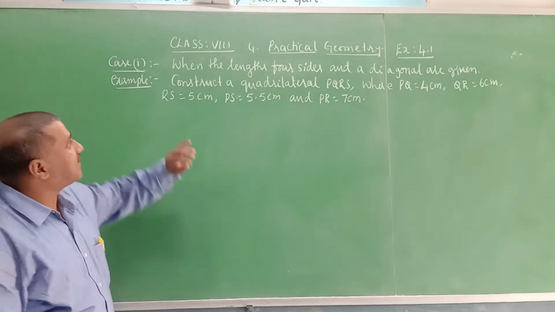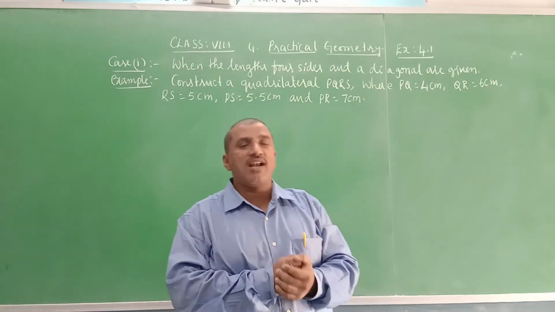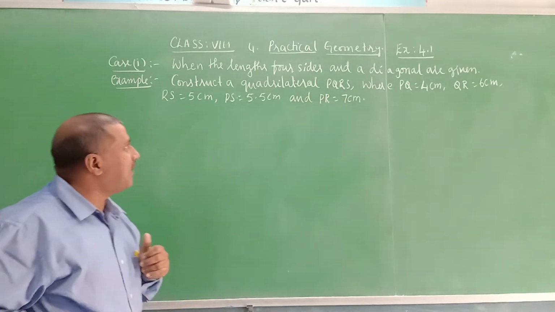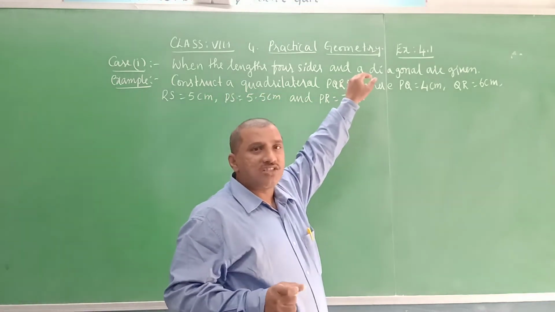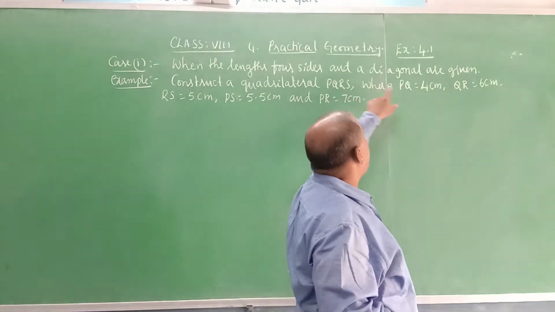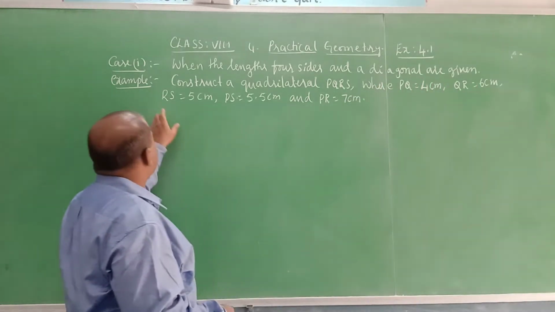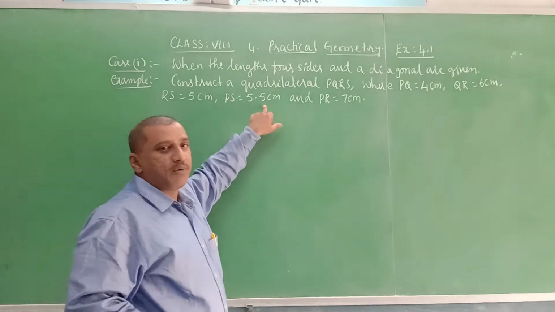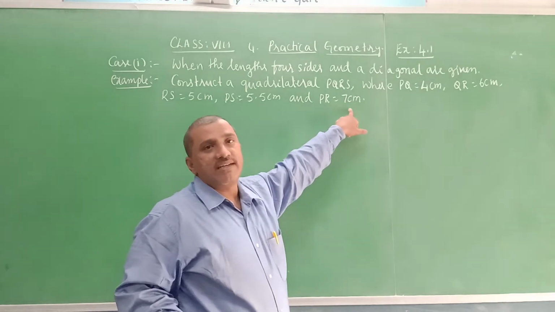Now the first case, that is when the lengths of 4 sides and 1 diagonal of a quadrilateral are given, how to construct a quadrilateral. Example: construct a quadrilateral PQRS in which the four sides PQ is 4 centimeters, QR is 6 centimeters, RS is 5 centimeters, and PS is 5.5 centimeters, and PR is equal to 7 centimeters.